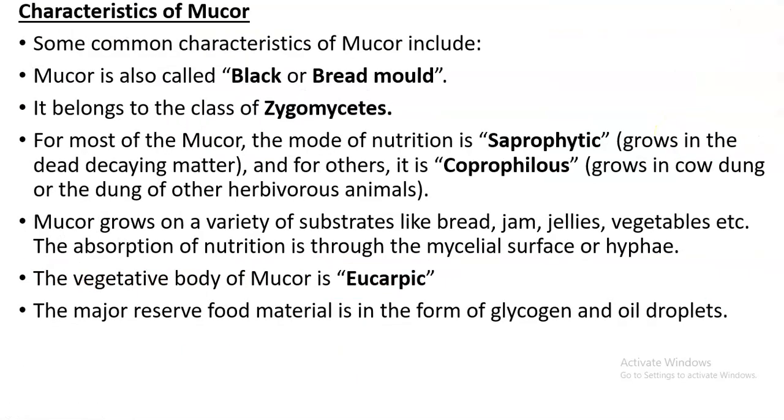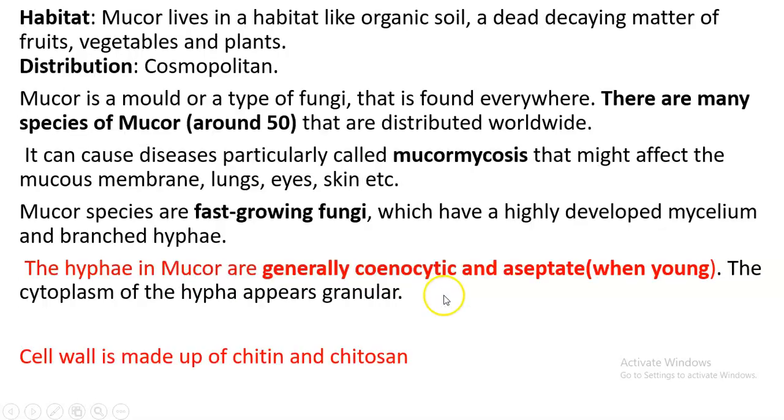So the characteristics of Mucor, all things I have explained. They are saprophytic. What is coprophilous? Coprophilous means when it is growing in cow dung or any other dung, then it is called coprophilous. There is one more thing. The vegetative body of Mucor is eucarpic. Eucarpic means what?